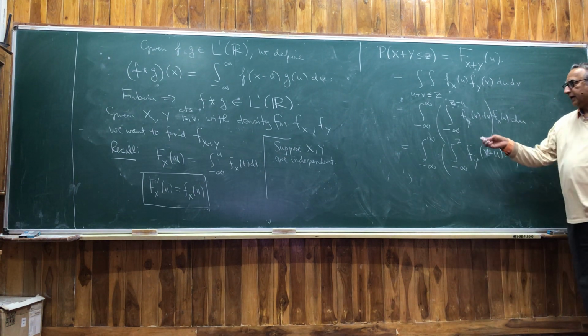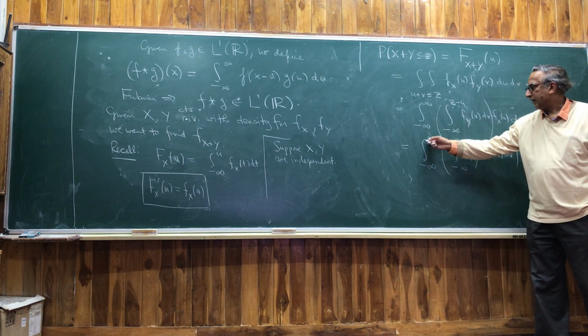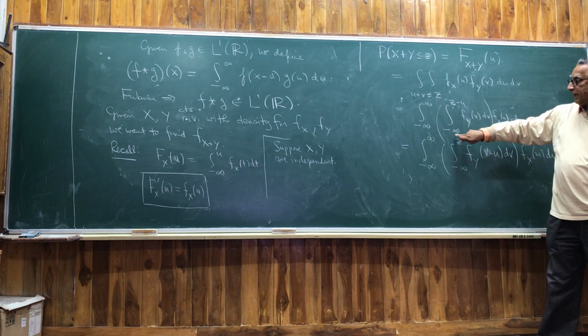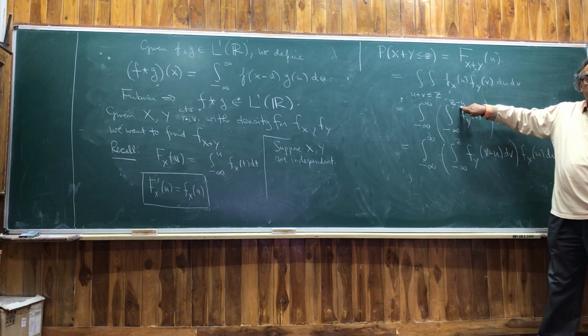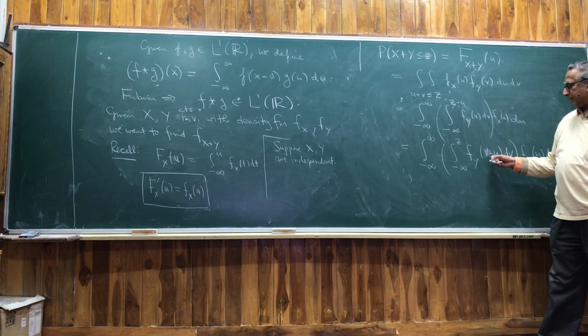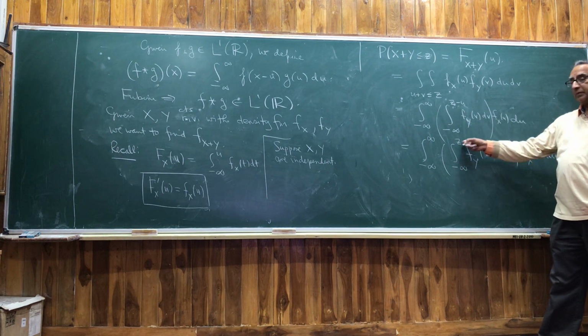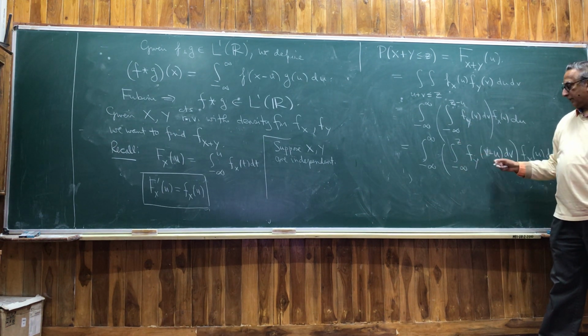Everybody see this? I'm just saying that this argument v goes from minus infinity to z minus u, so I'm just making a change of variable. If I make it v minus u, v goes up to z. This is an integral up to z. Okay, so I've got that.